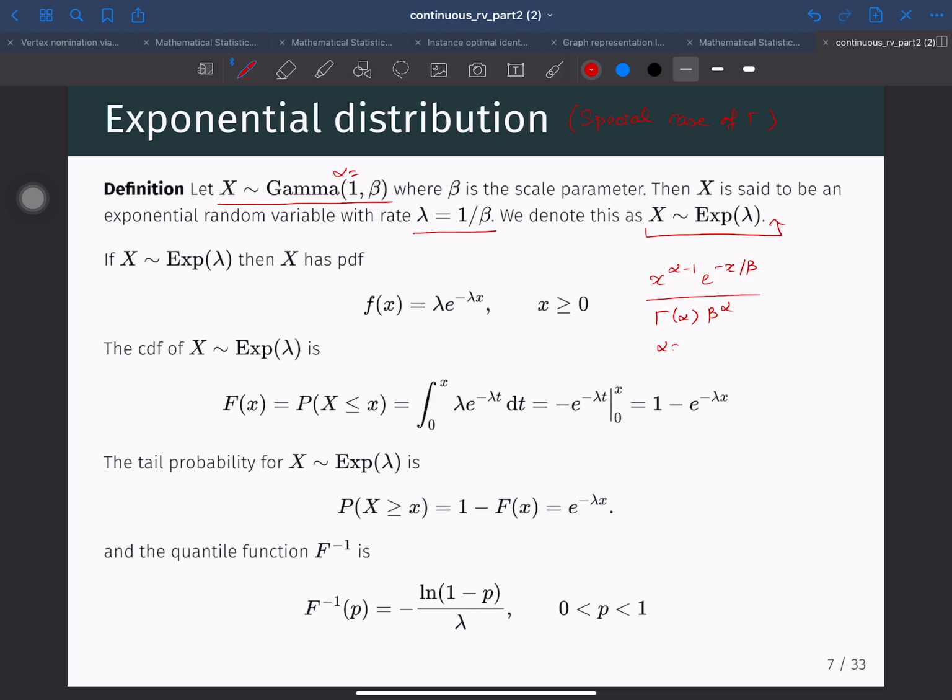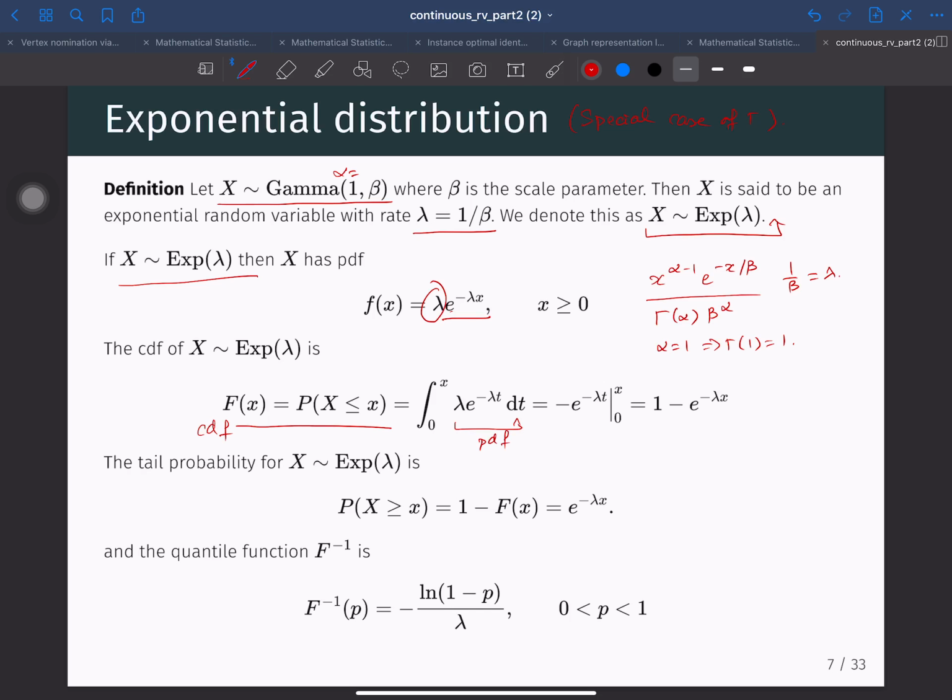In this case, because alpha equals 1, gamma of 1 equals 1, so you don't have that term. Then using the parameterization 1 over beta equal to lambda, you get lambda and e to the minus lambda x. That is why the PDF for the exponential is of this form. This function turns out to be easy to integrate, so you can have the CDF, which is this term here, just the integral from 0 to x of the PDF.